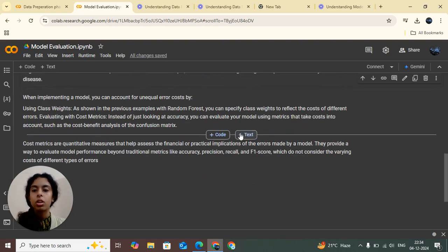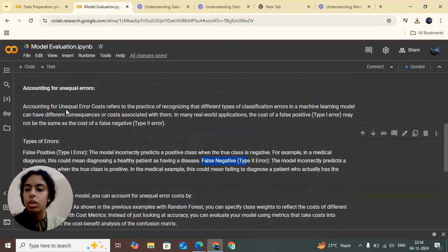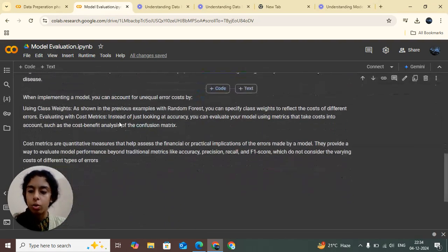When implementing in our code, we can use cost metrics and class weights for the unequal error accounting. Cost metrics are quantitative measures that help assess the financial or practical implications of the errors made by a model.